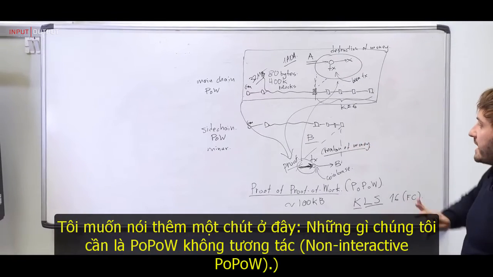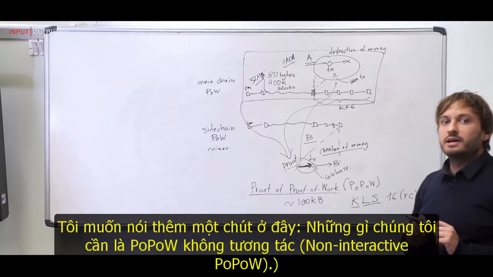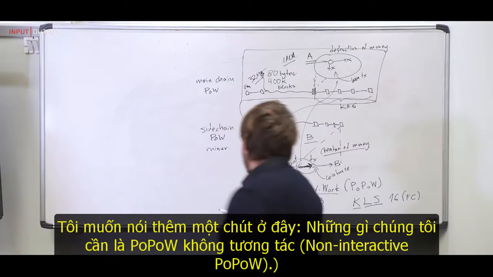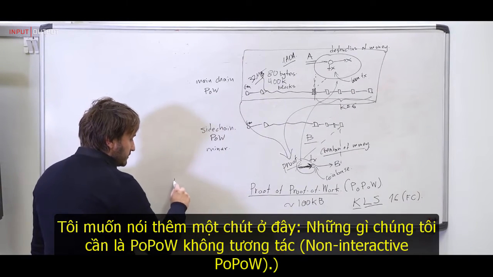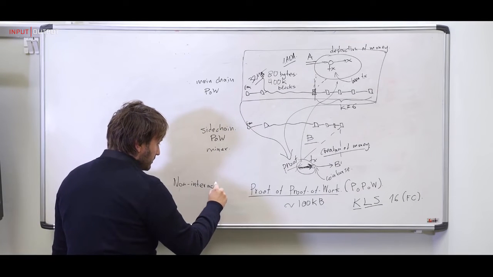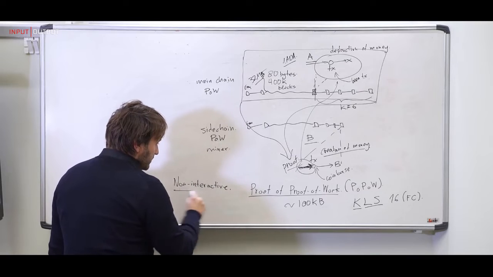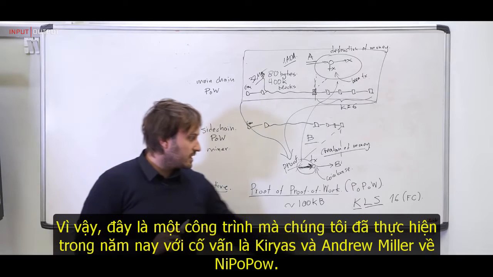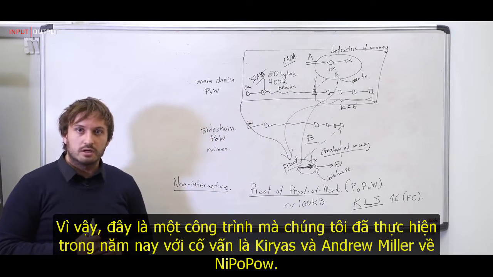But for this case, we need something slightly additional. What we need is something that we call non-interactive proofs of proof of work. So this is a construction that we made this year with my advisor Kiayias and Andrew Miller.